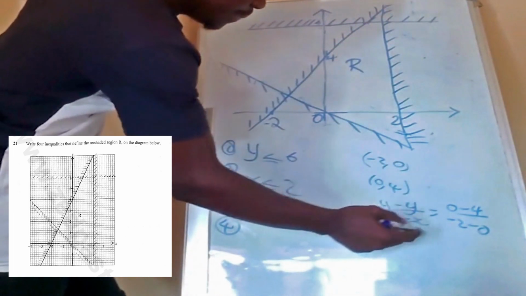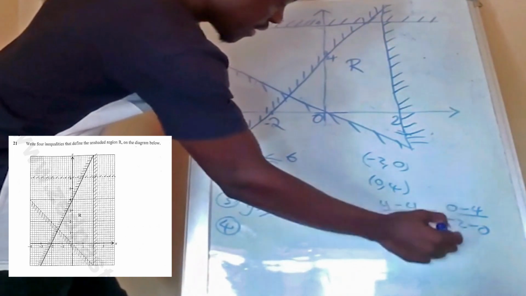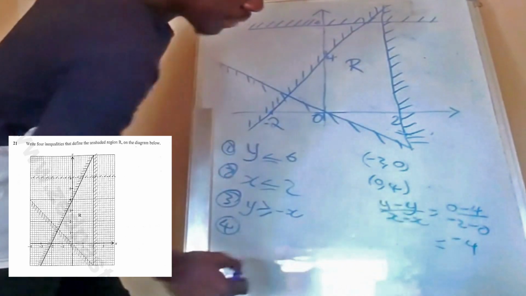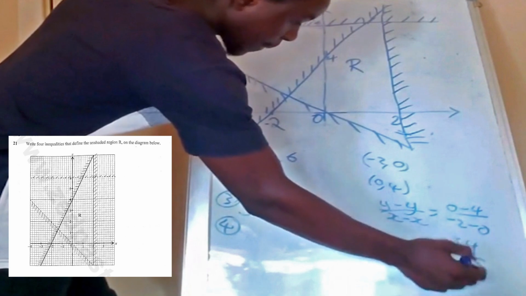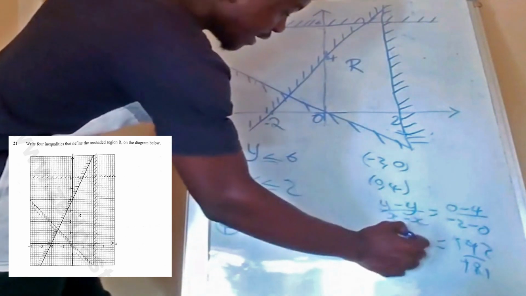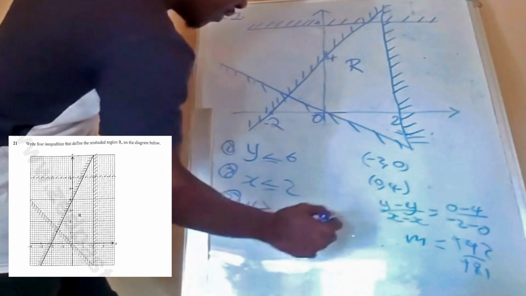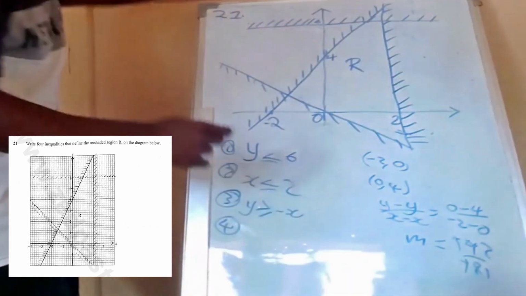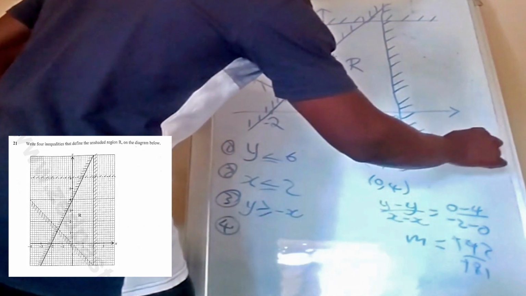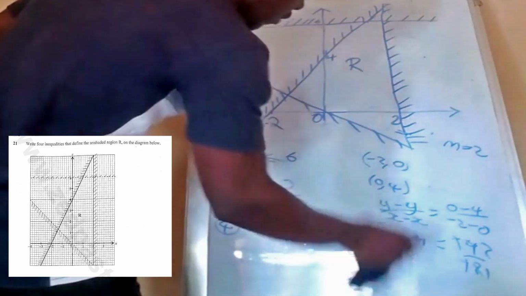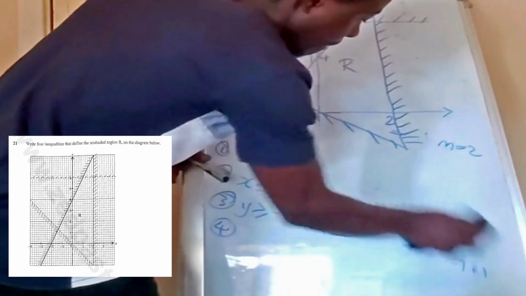So 0 minus 4 is negative 4, negative 2 minus 0 is negative 2. So our gradient is 2. M equals 2.